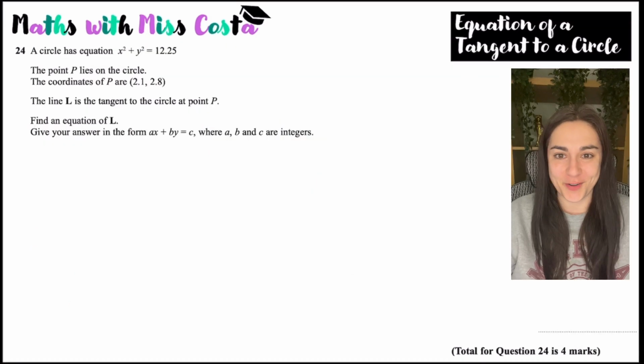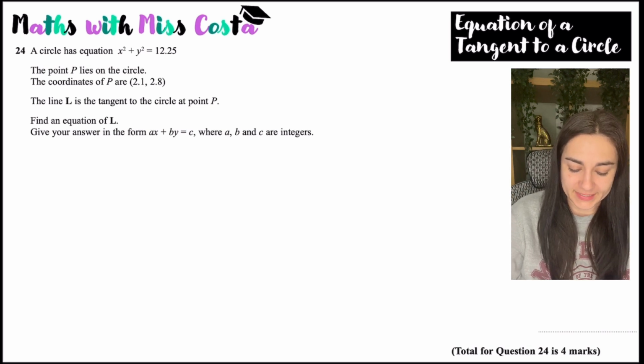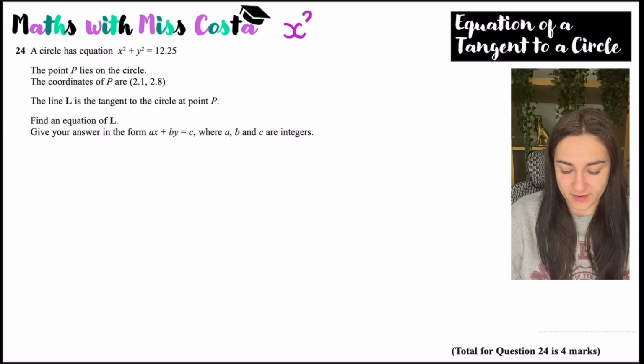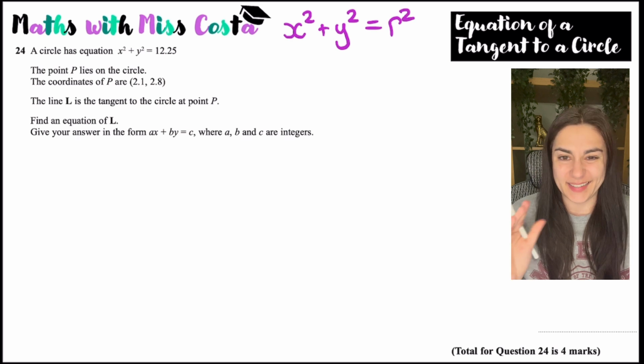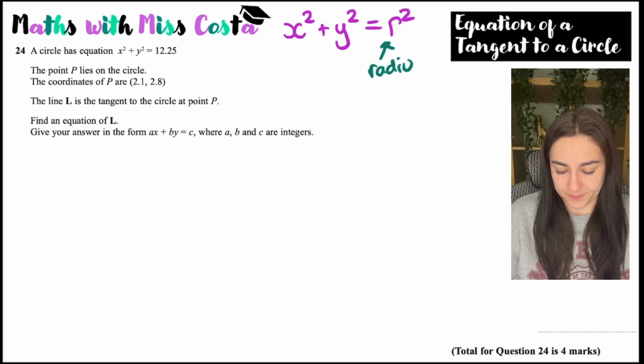Okay, so you made it to the final question, and this is a really good one. So we're dealing with an equation of a circle here. So it's useful just to recap that the equation of any circle can be written as x squared plus y squared equals r squared. This is if the circle has a centre of 0, 0, which in GCSE it will. So r represents the radius.